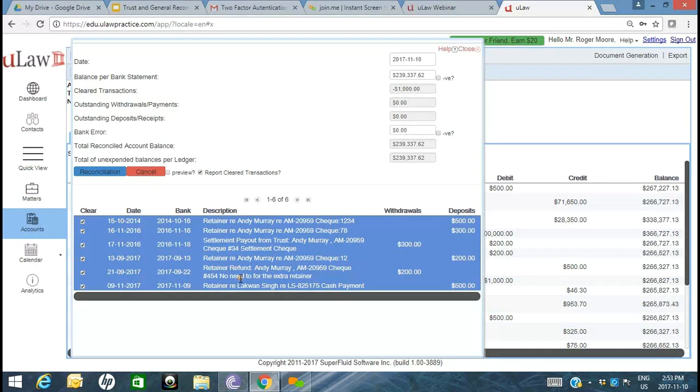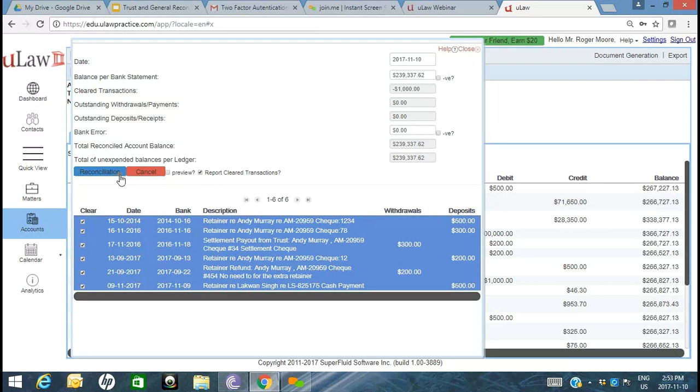Now, if there is a transaction in the bank, so let's say there's an additional retainer deposit in the bank for $500, for Robert Downey Jr., and that's shown as a deposit in your bank, and you don't see it in this list right here, it just means one thing: you have not entered that transaction for uLaw to know.